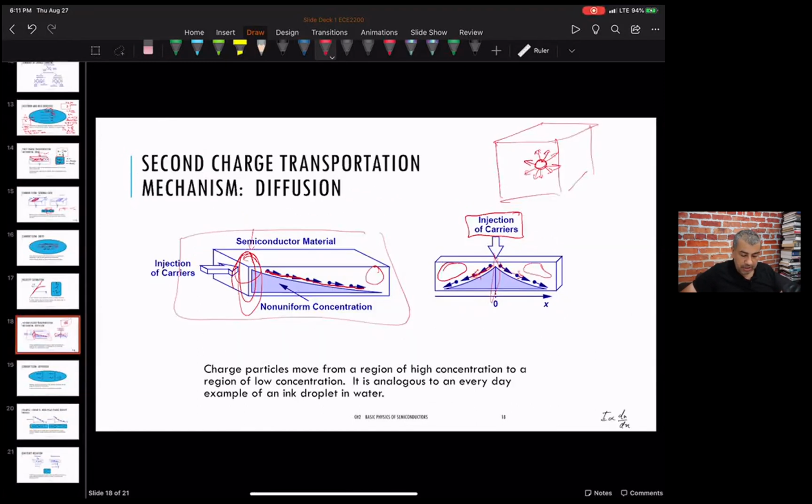The first thing we notice about diffusion is that the current is being caused by these charged carriers going from high concentration to low concentration, so the current must be a function of the change in carrier concentration as a function of distance.